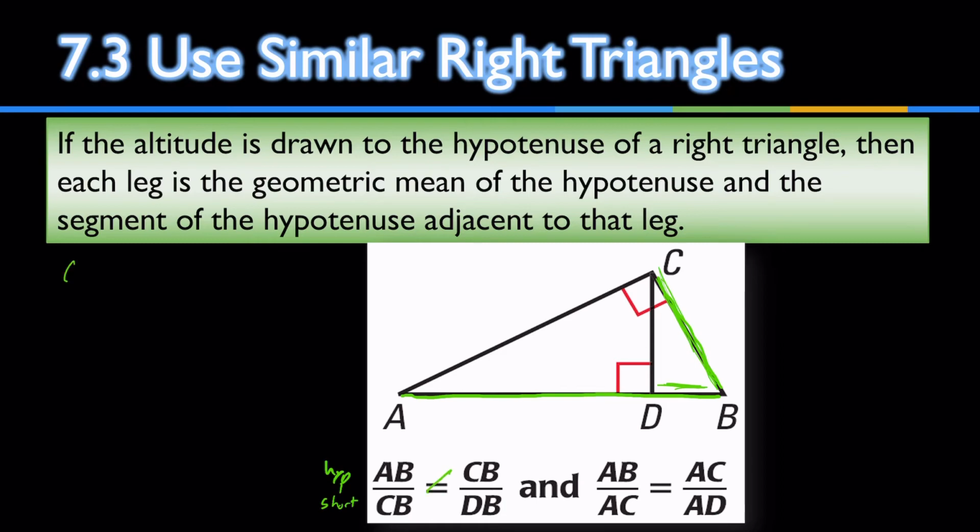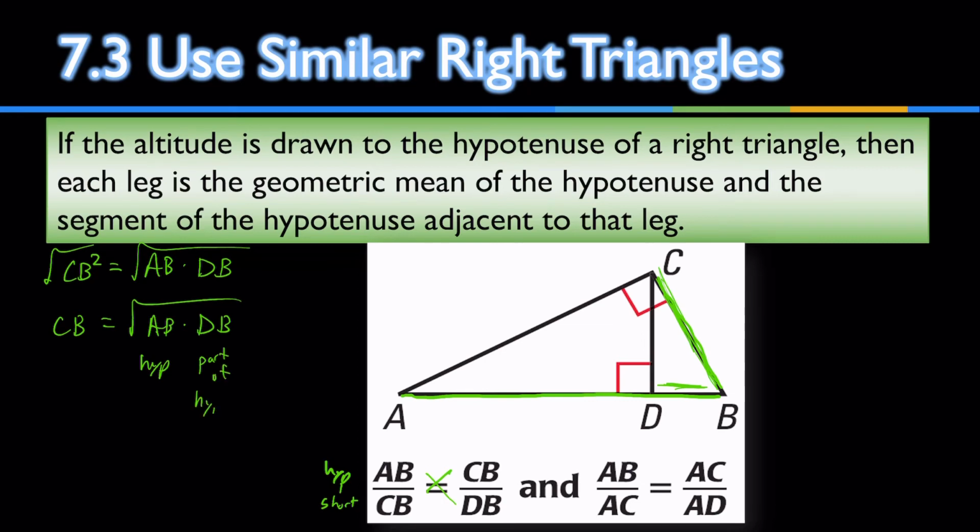So if I cross multiply, I'll have CB squared equals AB times DB, square root. So CB is the square root of AB times DB. So that's the hypotenuse times part of the hypotenuse. So the leg, CB, is the geometric mean of the whole hypotenuse and the part of the hypotenuse touching that leg. Or you could just use similar triangles and get the same thing.